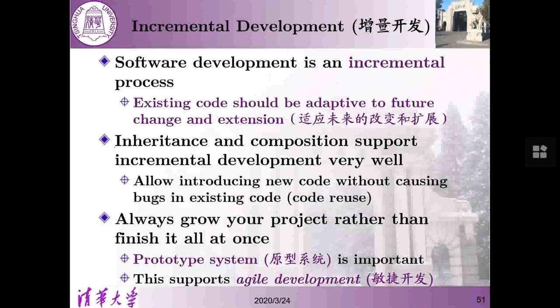Okay, so we have learned inheritance, and we suggest you use inheritance and composition to support incremental development. By incremental development, we always depend on existing code and use existing classes, because these classes are well-defined and well-tested, and we know there are no bugs or mostly no bugs.